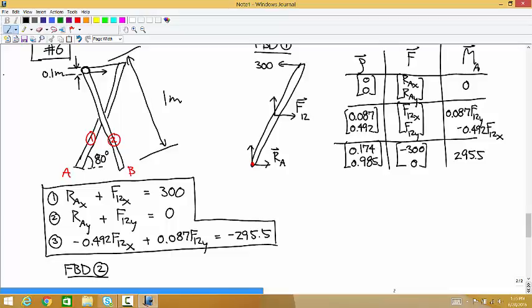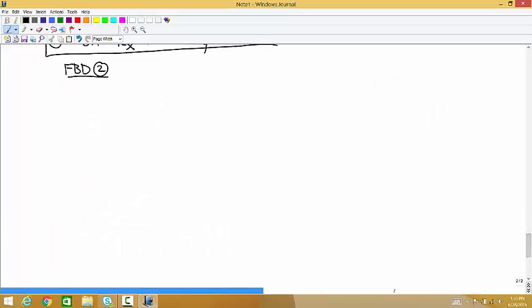Okay, so now we're going to body 2. There's a force RB. There's a negative force on 1/2. And then there are 2 of these tension forces, there and there.